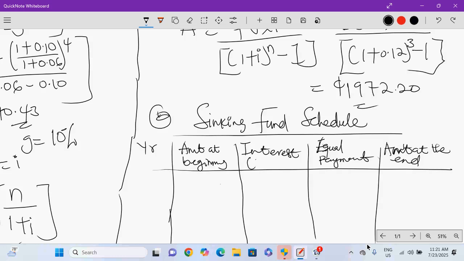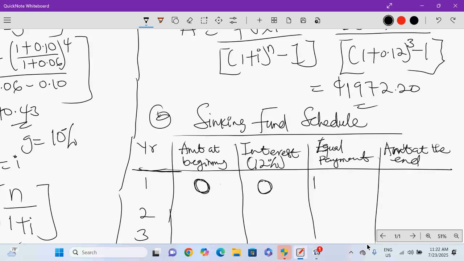So the interest is 12%. We are going to use the investment interest, right? How many years? For 3 years: 1, 2, 3. At the beginning of year 1, you had nothing in the fund, so the interest is zero.